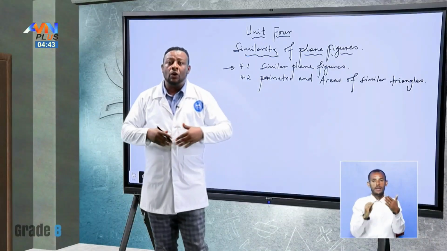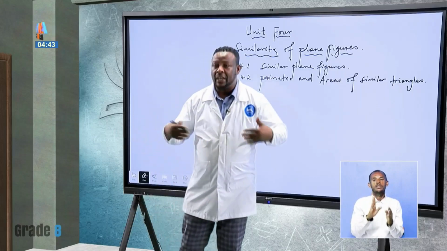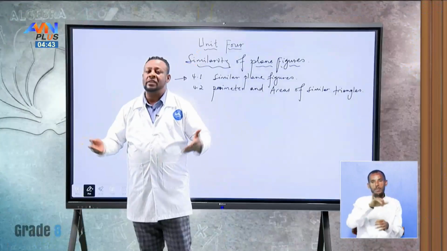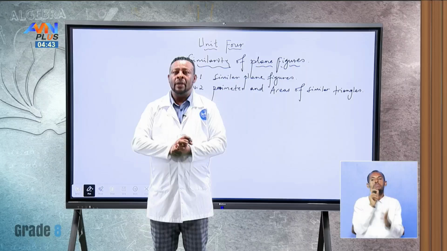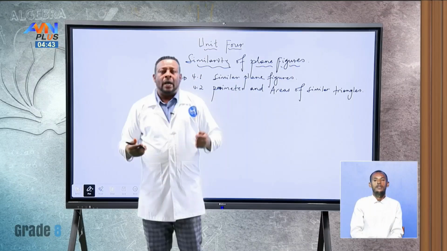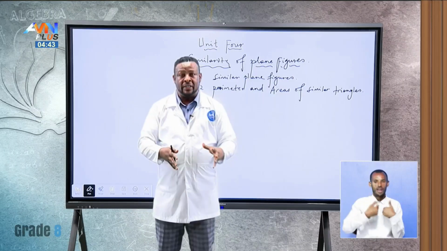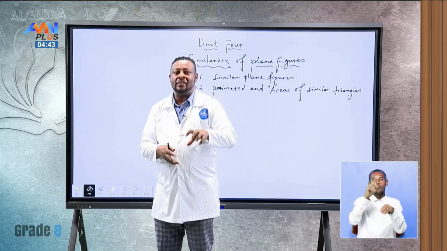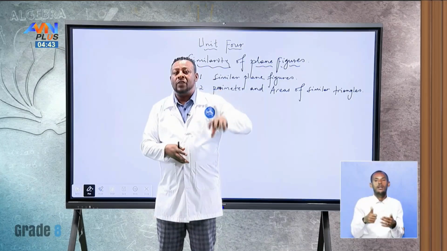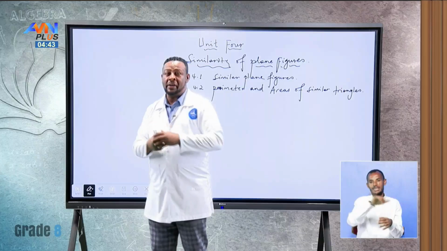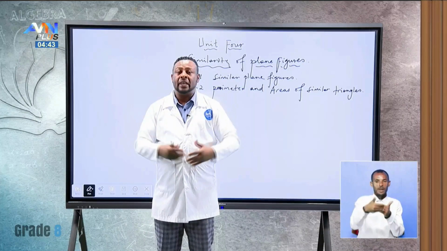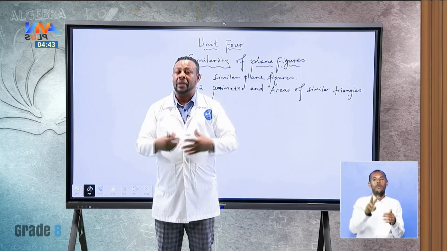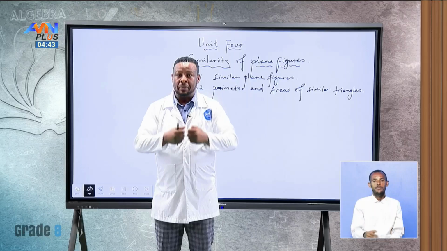Okay, so let's formally state what similar plane figures refers to. If we have two figures, and if we move one figure onto the other in such a way that a figure fits the other figure, then we can say that the two figures are congruent. Okay, I repeat it.